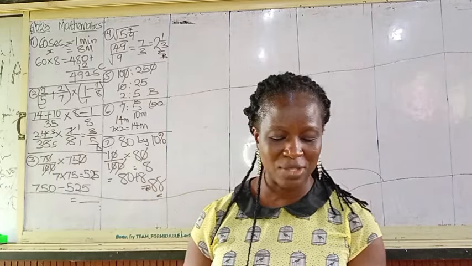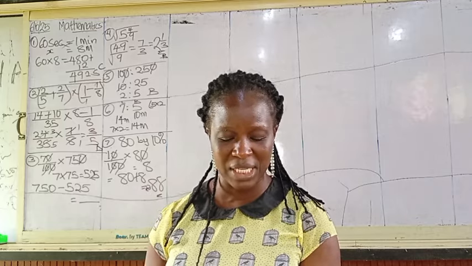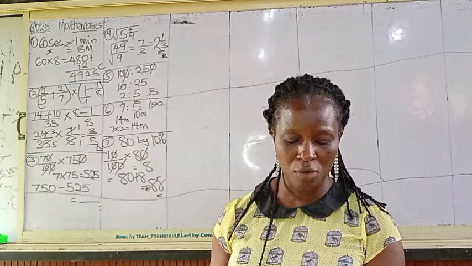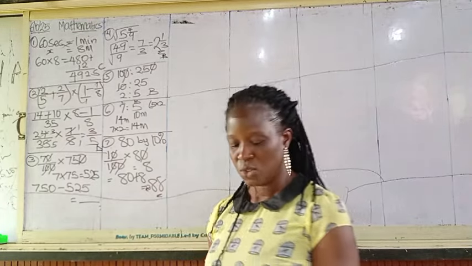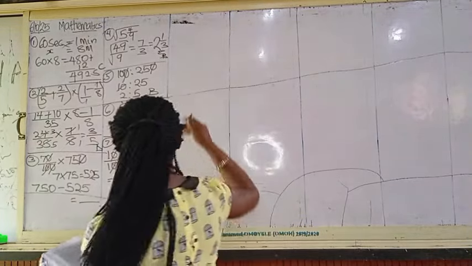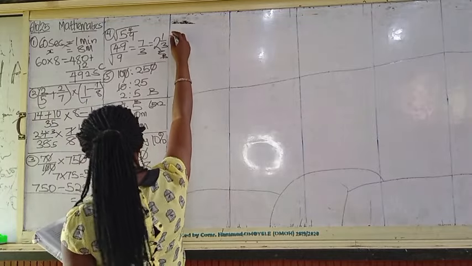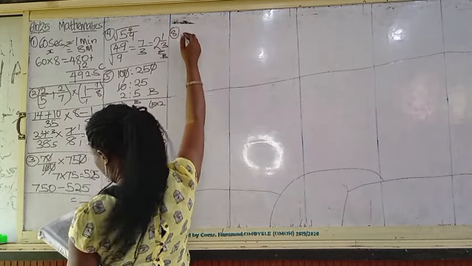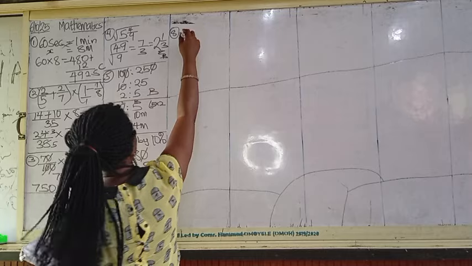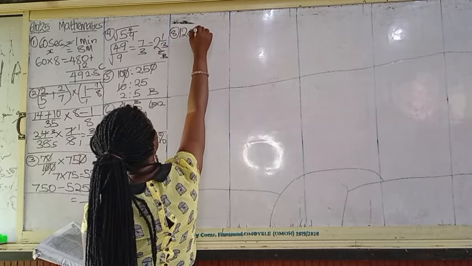Odiri bought 12 cartons of biscuits for 3,000 naira. Find the cost of 7 cartons. Let's interpret the question. Number 8. 12 cartons of biscuits for how much?